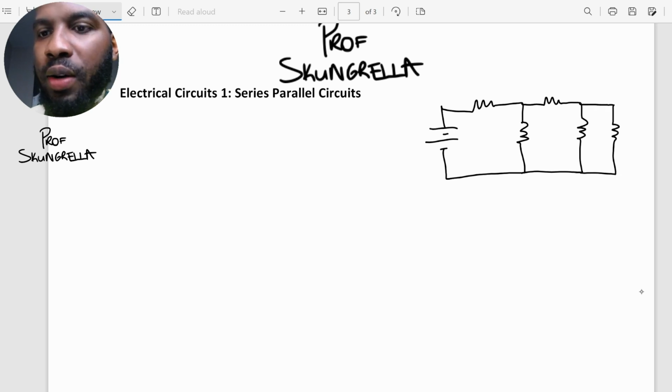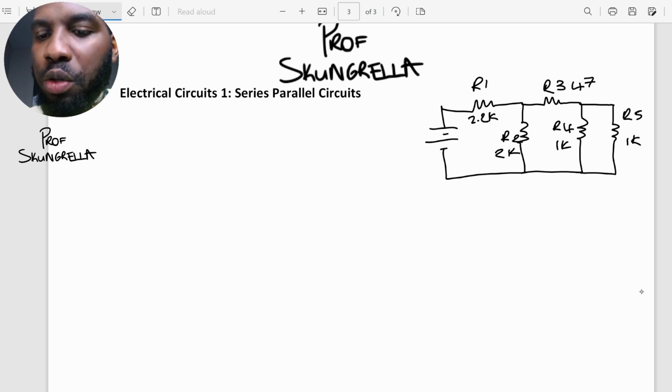So this is going to be our R1, 2.2K. This is R2, 2K. This is our R3, 47 ohms. This is our R4, 1K. This is our R5, 1K.